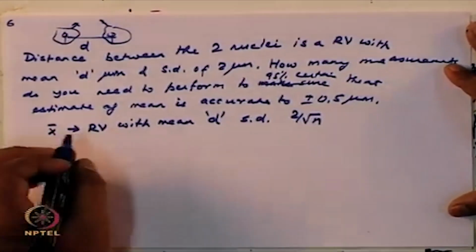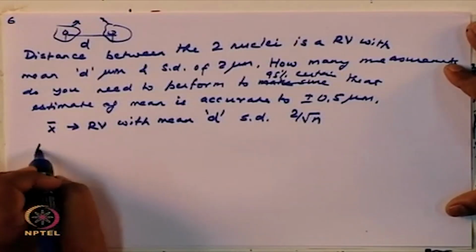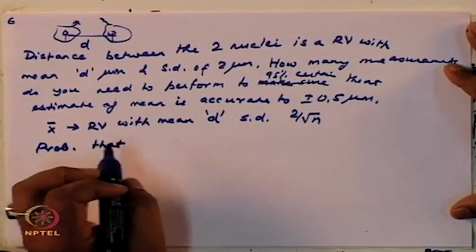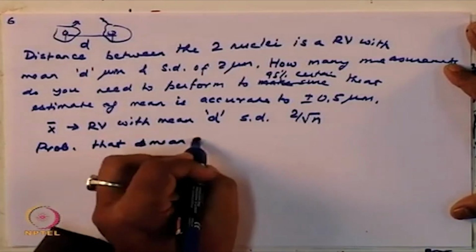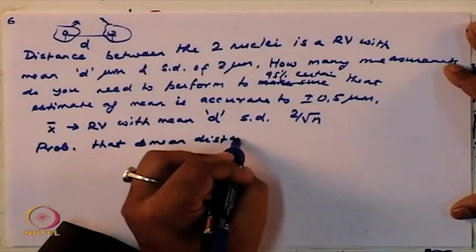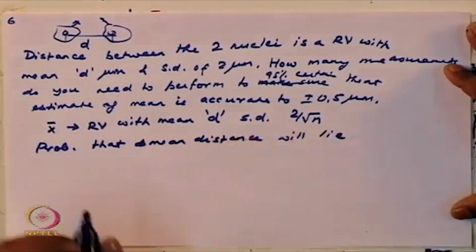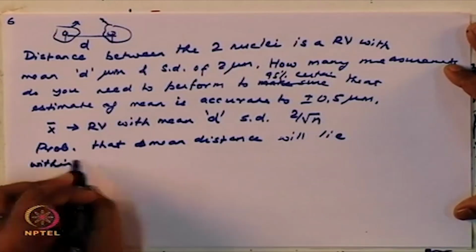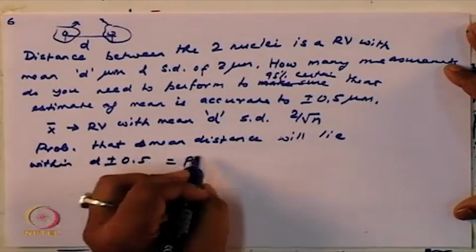So, we want to know the probability that the mean distance will lie within d plus minus 0.5.